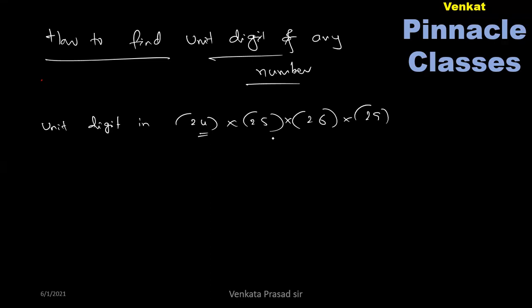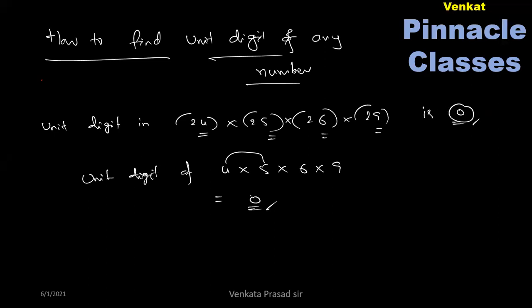First number 4, here 5, here 6, here 9. So it is the same as the unit digit of 4 into 5 into 6 into 9. How much is coming here? 4 into 5 is 20, the unit digit is coming 0. Now the remaining value is 0. So what is the answer coming? 0.